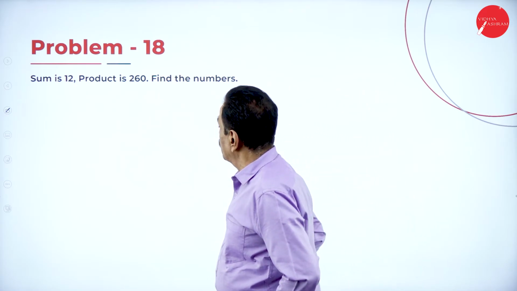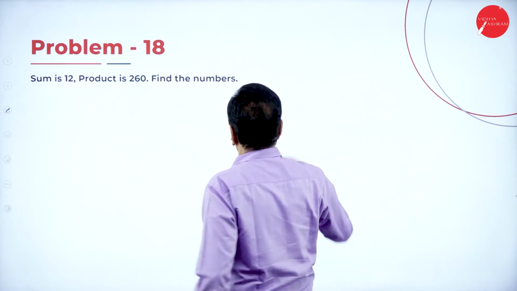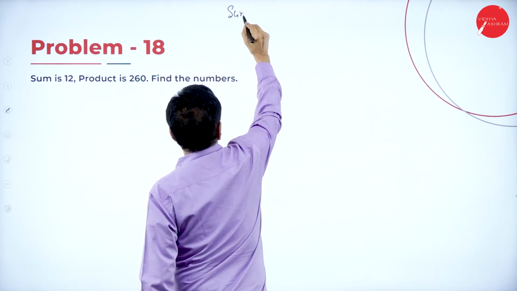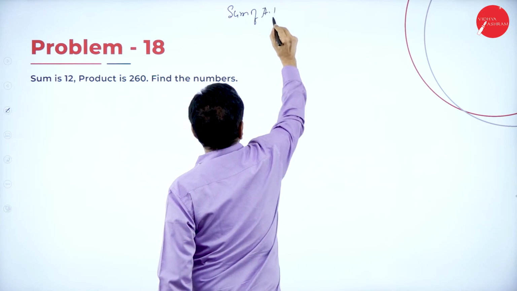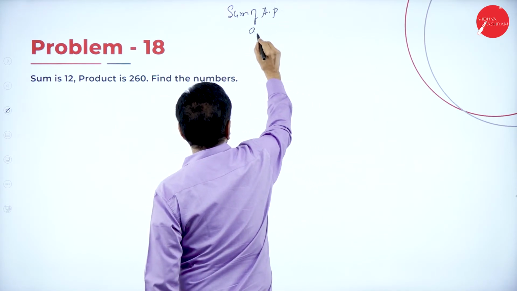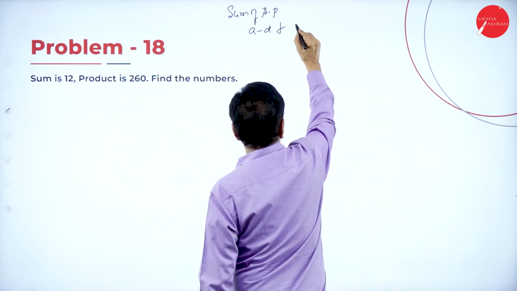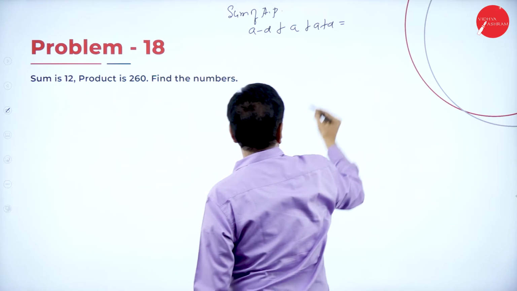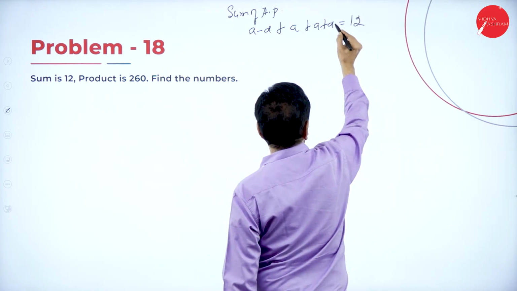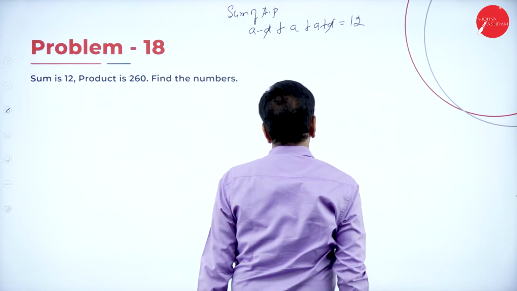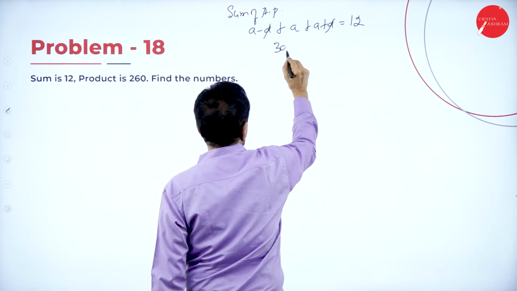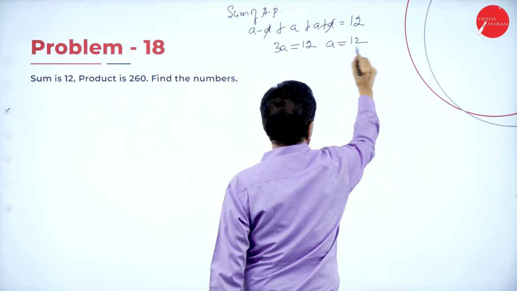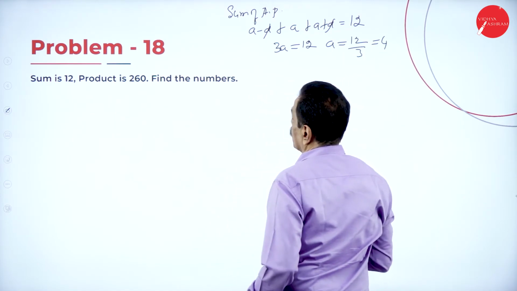Sum is 12, product is 260. Sum of AP: A minus D plus A plus A plus D is equal to 12. Cancel D. 3A is equal to 12. A is equal to 12 divided by 3, that is 4.